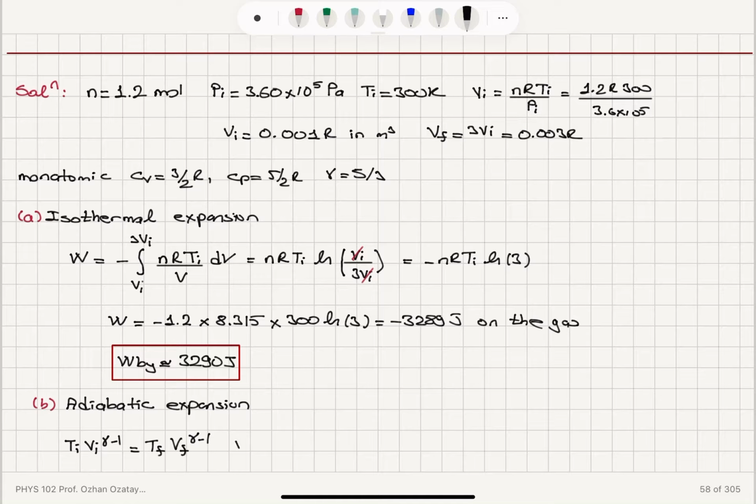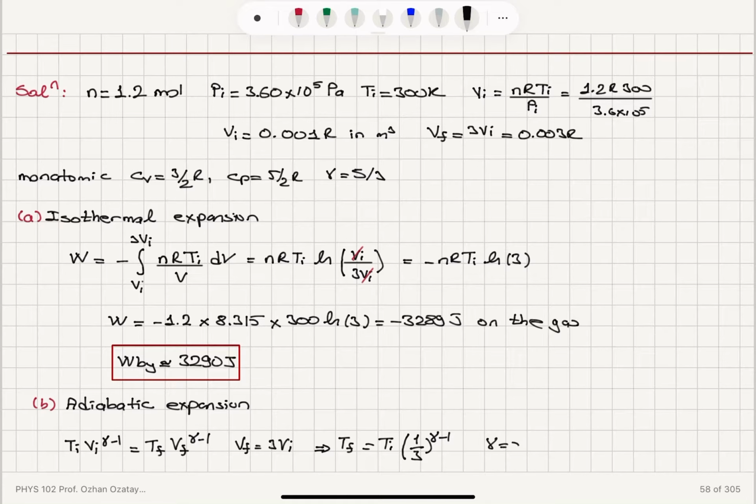And I know that V final is equal to 3 V initial, and therefore T final will be equal to T initial times V initial over V final to the gamma minus 1, which is 1 over 3 to the gamma minus 1.